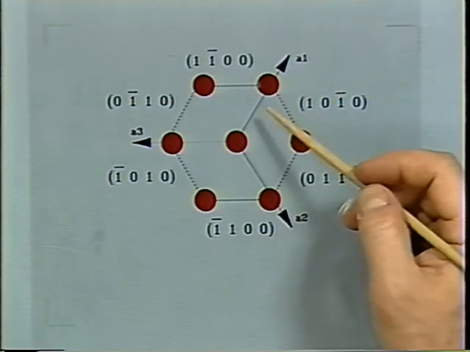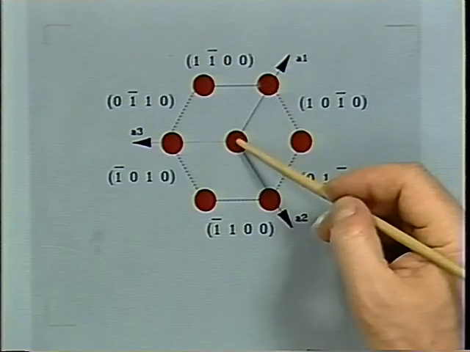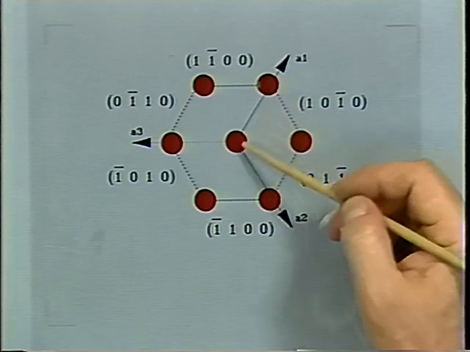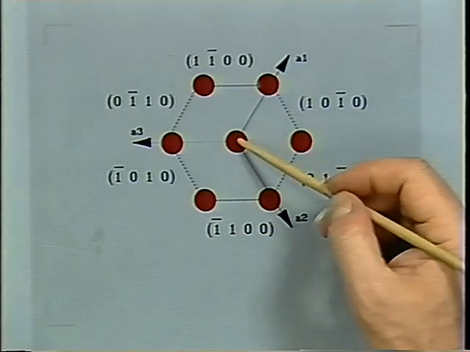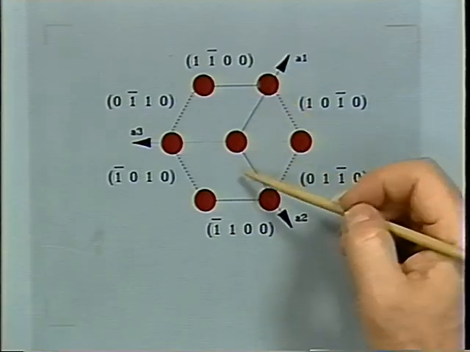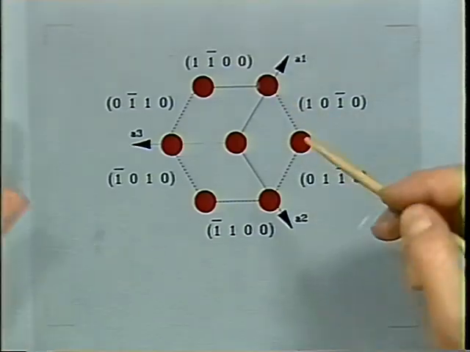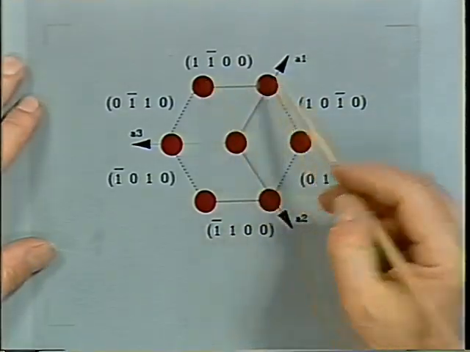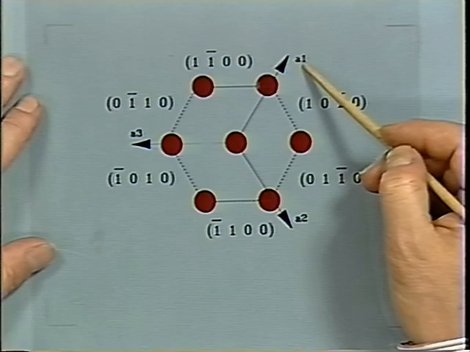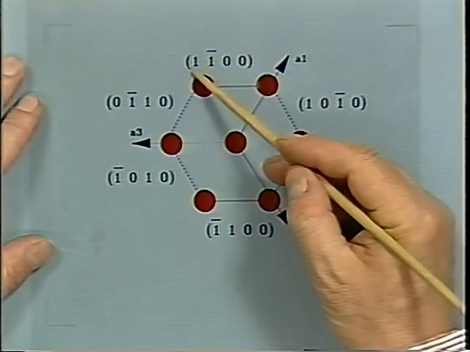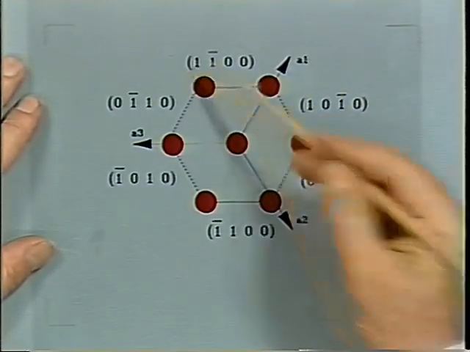Oh, we also have to specify the characteristic length, the lattice parameter. So this lattice parameter would be our length scale. This would be distance 1 out here, one lattice length. So this plane intersects A1 at 1 out here, 1 unit out here.